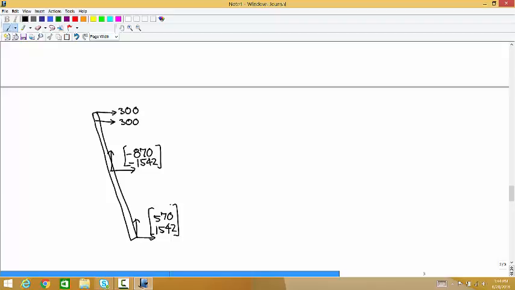I think it's like this. Okay. All right, so we want to go from this coordinate system to this coordinate system.